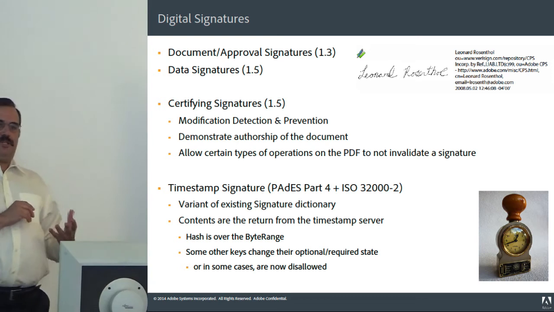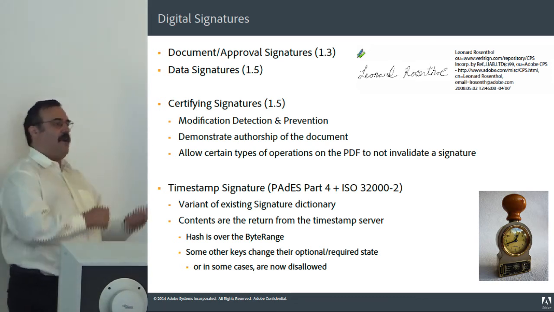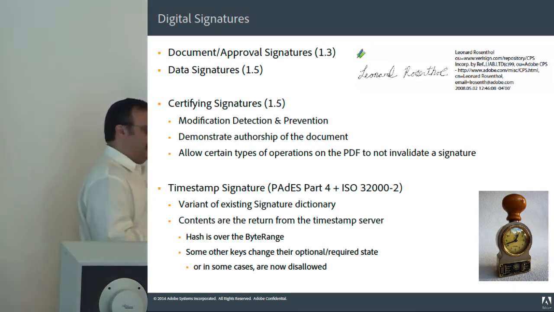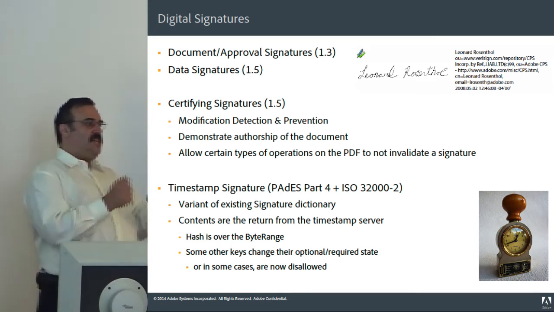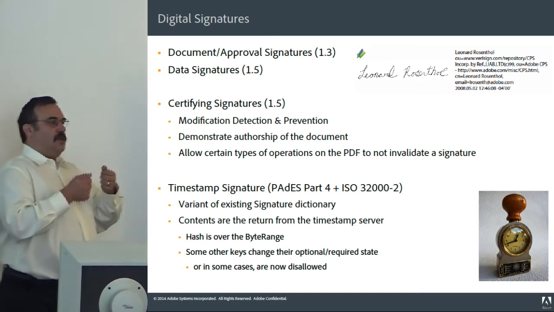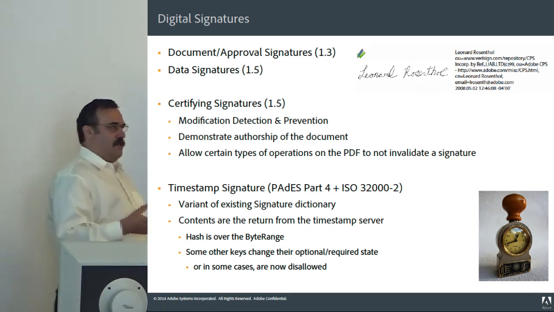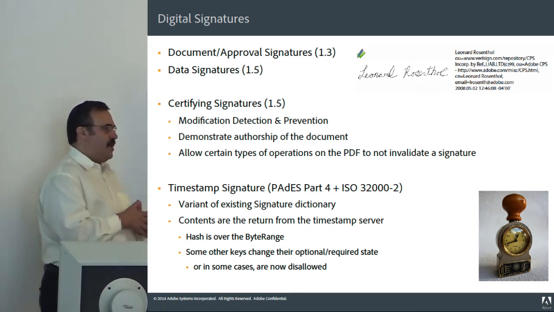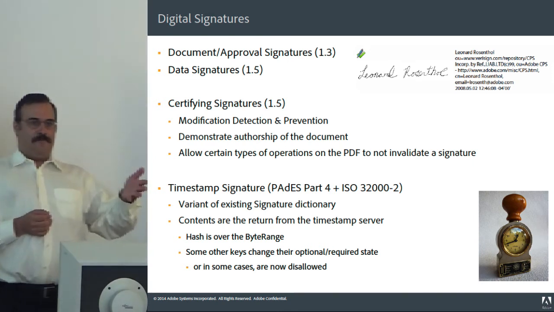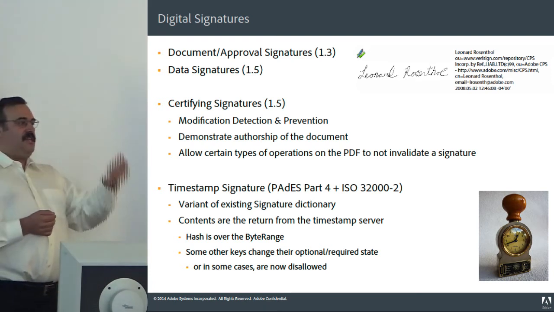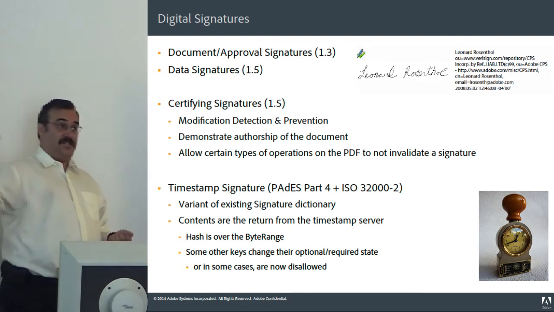Rather than a user signing to say, I authorize this document, an organization would put this on to say, we guarantee you that this is the document that we are publishing. In the United States, we have an organization called the GPO, the Government Printing Office, which is where all official documents from the US go through. When they publish a document, they put a certifying signature on it.